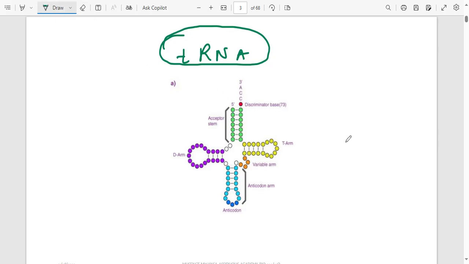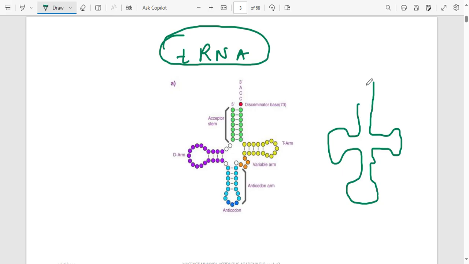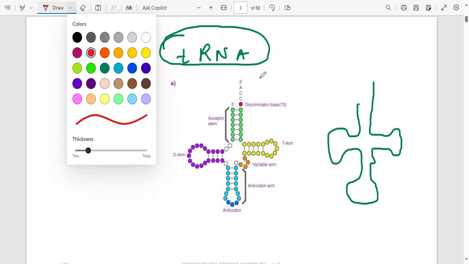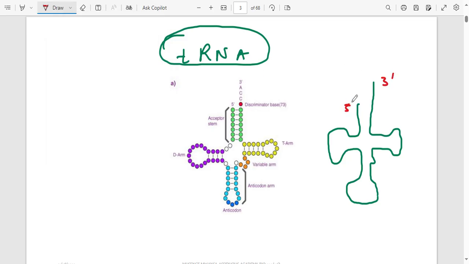So it is also like this. I can as well put it like this so that you can see it is very easy. Like that, like this, okay, like this. Now I want you to take note, this is a very important concept also. The 3' end, here the 3' end, this is the 5' end which is short.